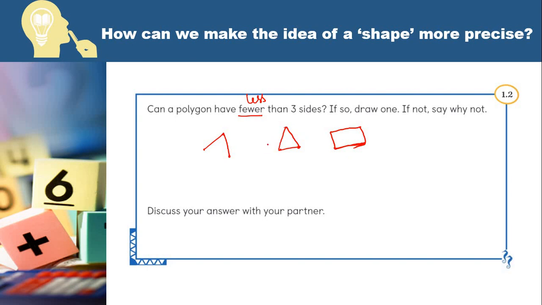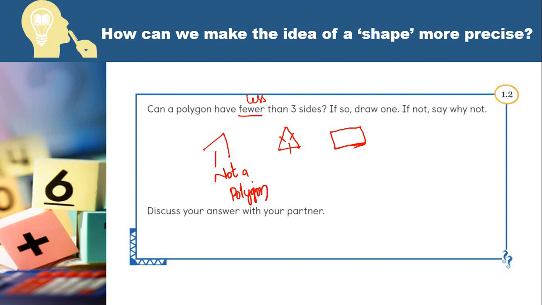Is it clear children? Only with 3 or more sides. A simple closed figure bounded by 3 or more sides. We cannot draw a polygon with less than 3 sides. It is not a polygon.